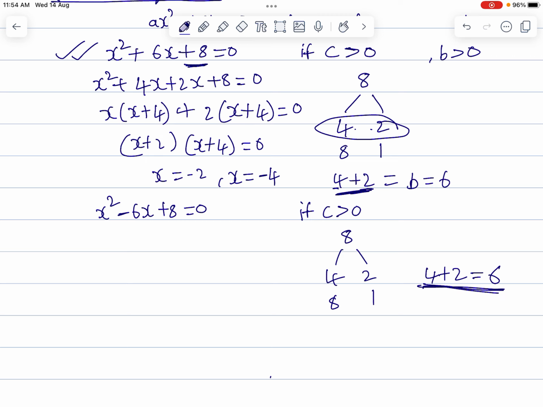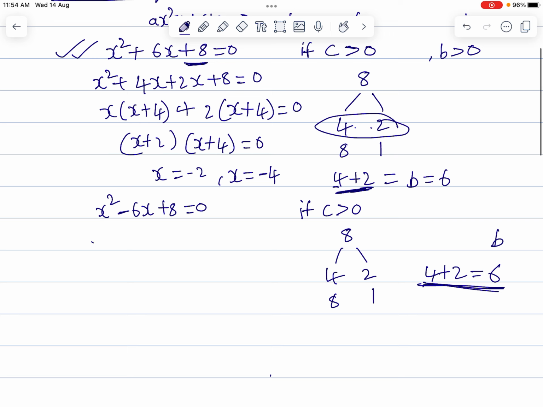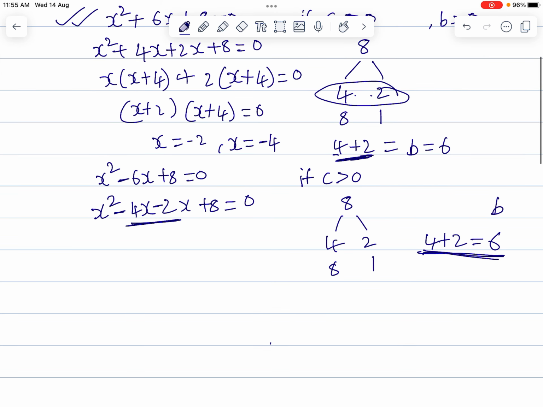Here the sign of b is negative, minus 6. So we simply write it as minus 4x minus 2x plus 8 equal to 0. If we sum these up, we get minus 6x. In this way, we should solve when b is negative.